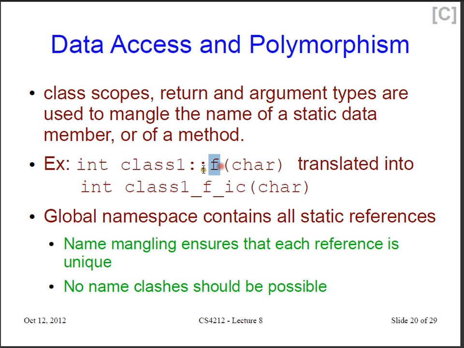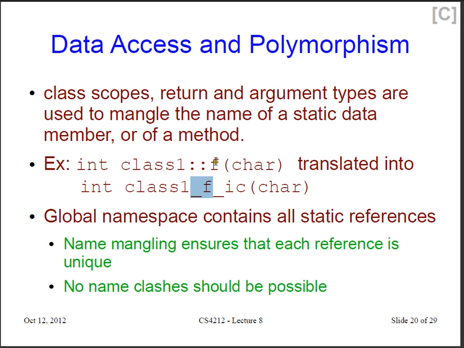Every method, say f, a method of class 1 which takes a character as an argument, will be translated into something like that. So the class name becomes part of the name of the function.